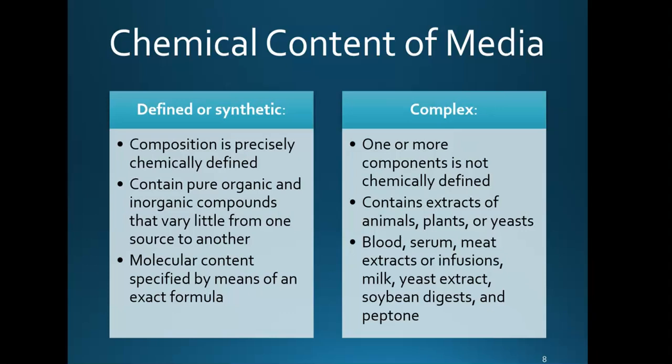It depends on the health of the animal. So we may not know exactly all the different types of molecules that might be in that particular blood that was used in that particular media at that time. So we call that complex.